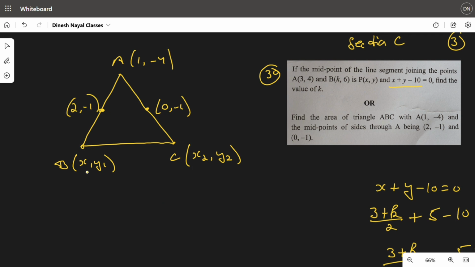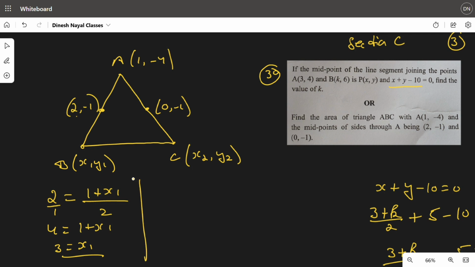Okay, so what will be x1? See, this is the midpoint. So x coordinate is 2, so that means 2 equals (1 plus x1) by 2. You cross multiply, this becomes 4 equals 1 plus x1. Take 1 to that side, 4 minus 1 is 3, so x1 is 3. Now you have to find y1. For the y1, this is minus 1.